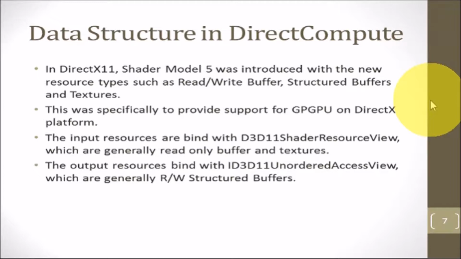The input resources, which are generally read-only buffers, are bound with shader resource view, and the output resources, which are read and write buffers, are bound with unordered access view.